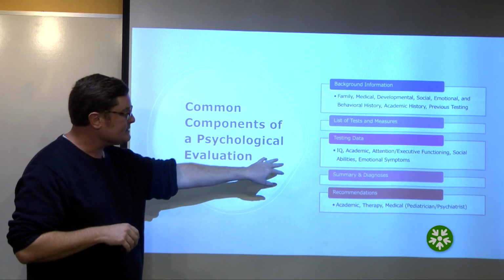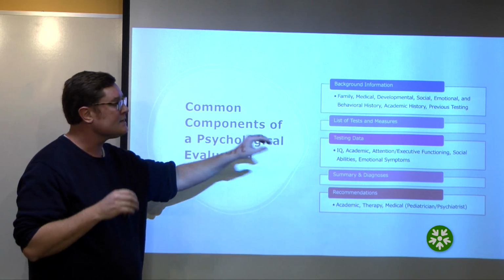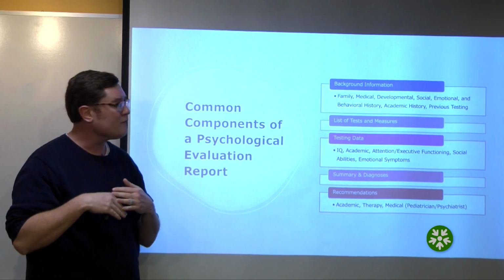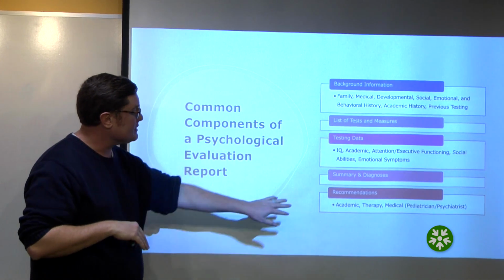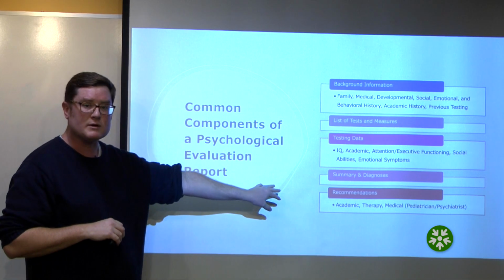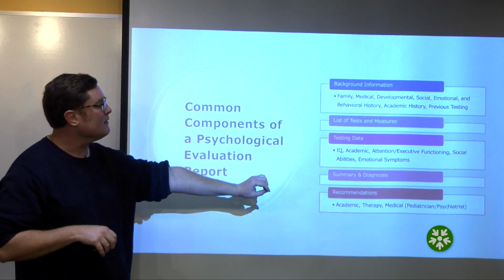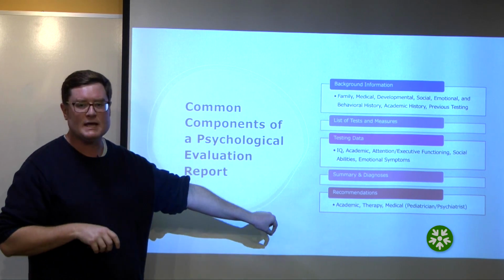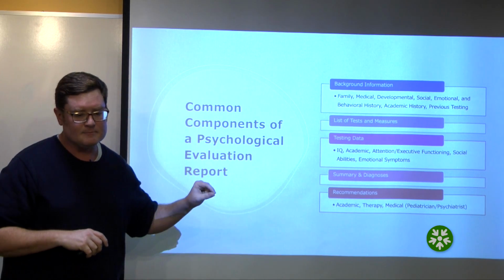And then we have the testing data section that has all the different tests and what the scores were for the child. And then the summary and diagnosis, where we summarize the report and what diagnoses were given. And then the final part is the recommendation section.